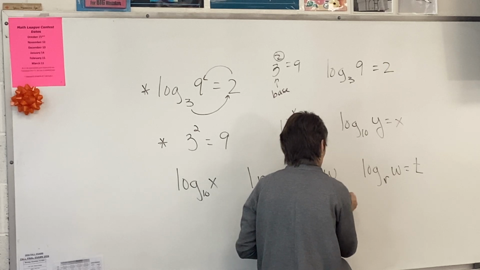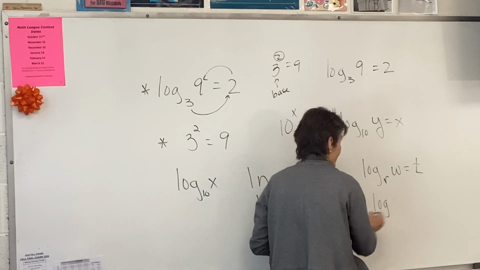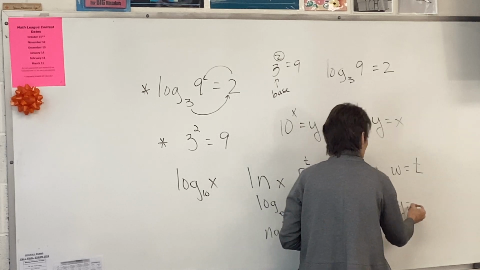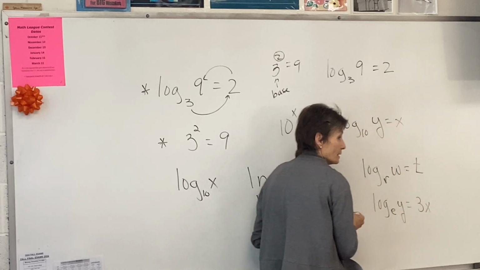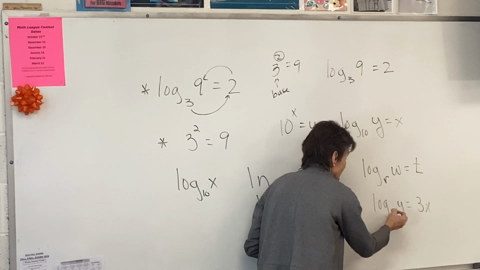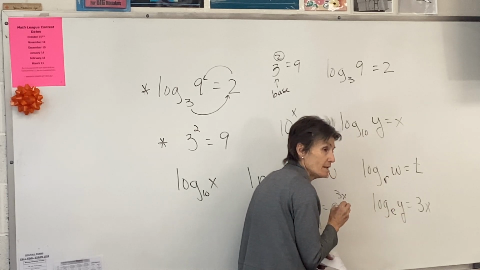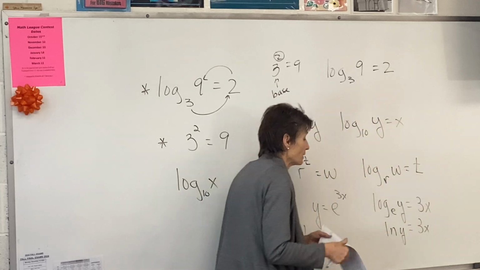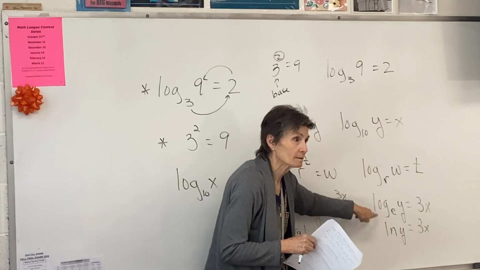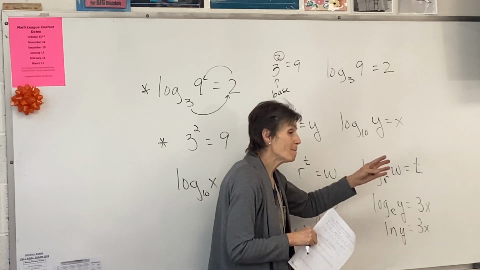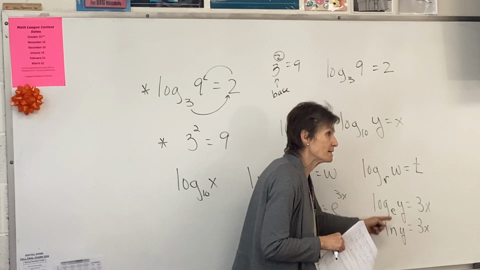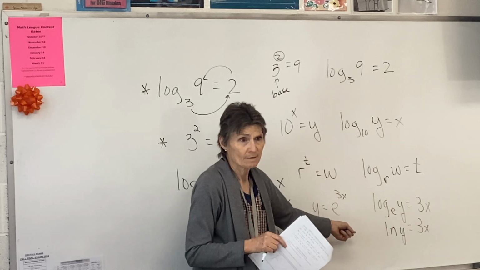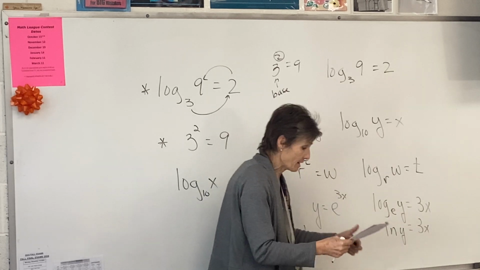This will be log base e of y equals 3x. And of course, if you wanted to, instead of saying log base e, we could say ln y equals 3x. These are the same thing. Now, no mathematician is going to write log base e, they're going to write ln, because that's the symbol on our calculator. But these are exactly the same thing.